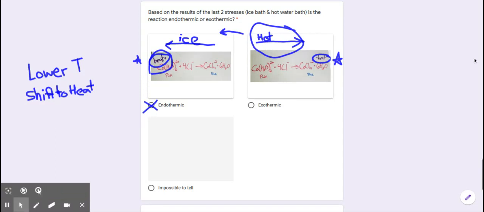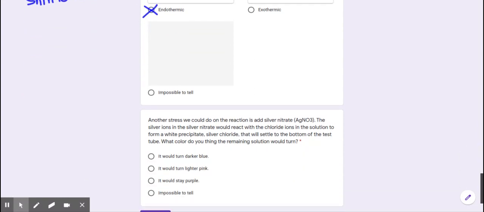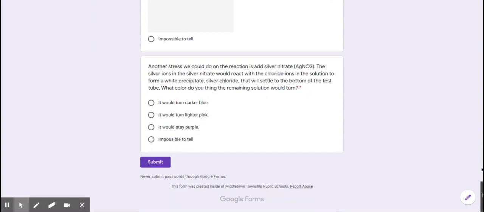All right, and this final one we couldn't do in my basement lab because I didn't bring home the silver nitrate. So it's another stress we could do on the reaction: add silver nitrate. Now, if we add silver nitrate, the silver ions in the silver nitrate will react with the chloride ions to form silver chloride, which is a white precipitate that would sink at the bottom of your test tube.